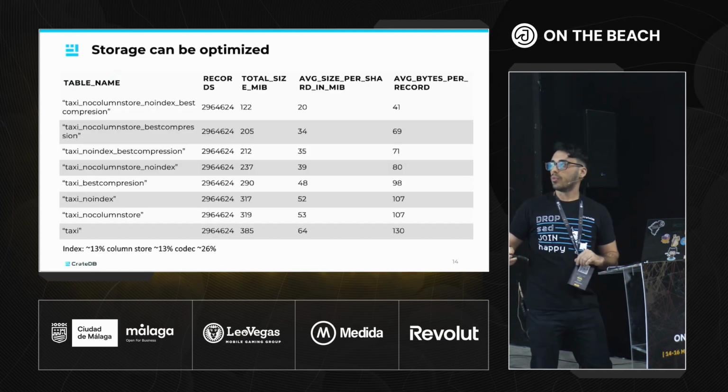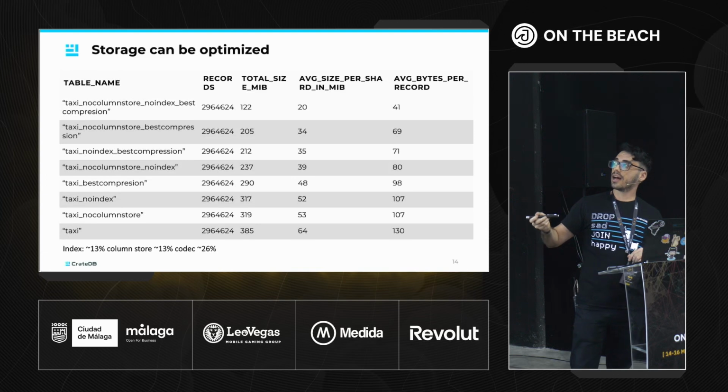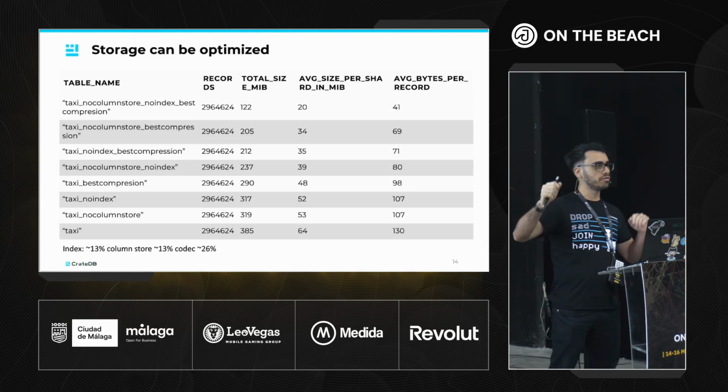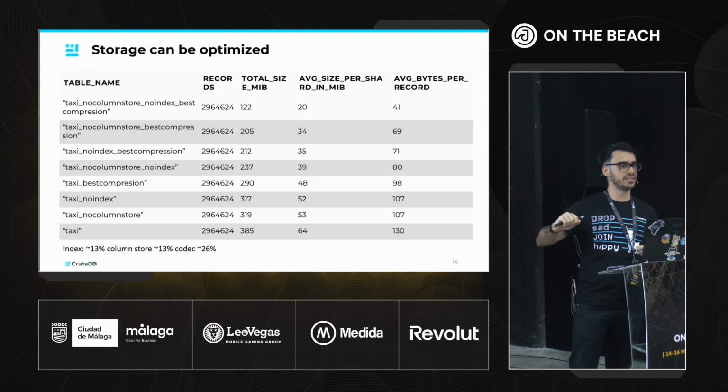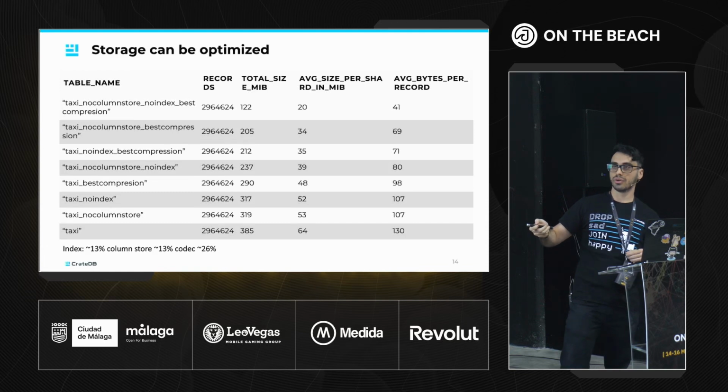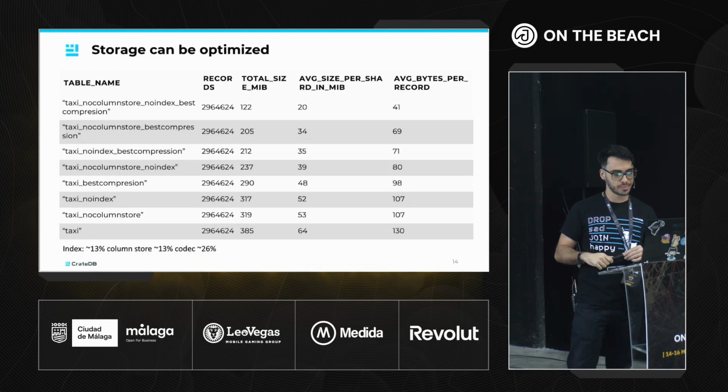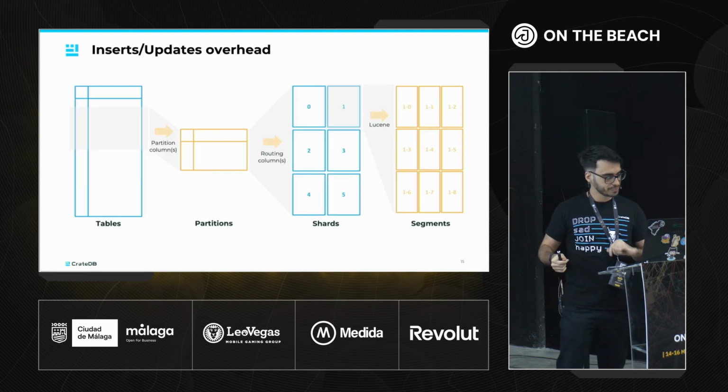This is exactly the same data set, and what I did is I tried different combinations of turning things on and off to see the actual effect of the indexing on the storage. We can see that the index was only 13%, column store was very similar, 13%, and the codec was 26%. So amazingly, we don't really take too much data.